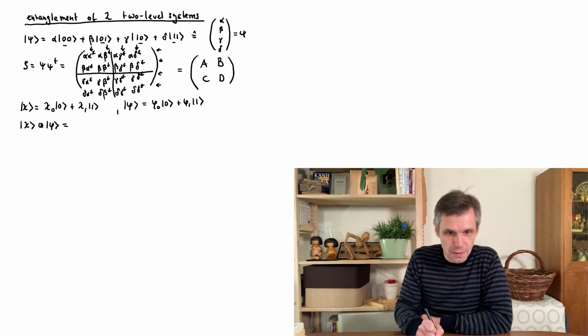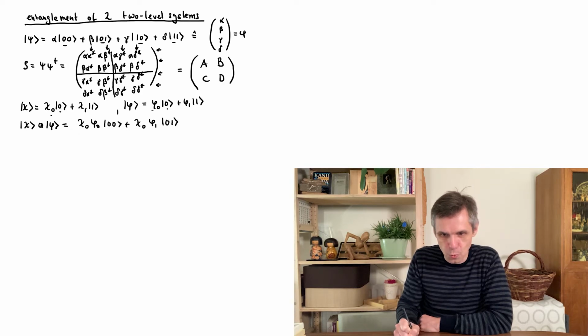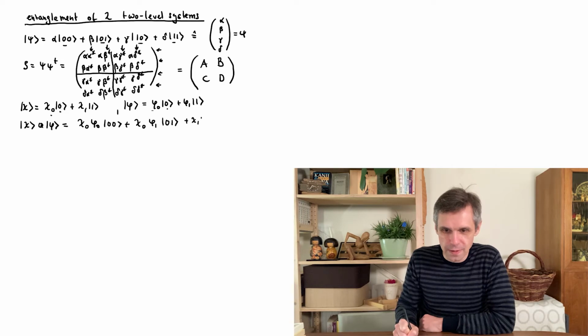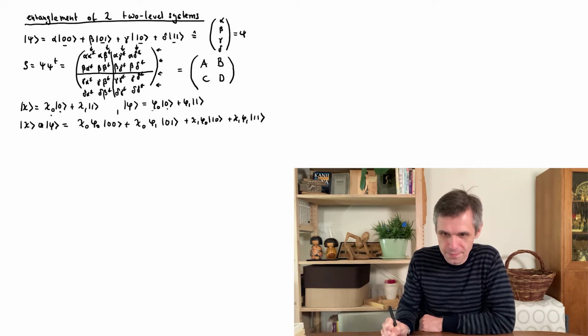And we can simply multiply everything out, and then we find the coefficients chi naught phi naught in front of the state 0, 0, chi naught phi 1 in front of 0, 1, chi 1 phi naught in front of the state 1, 0, and chi 1 phi 1 in front of the state 1, 1.